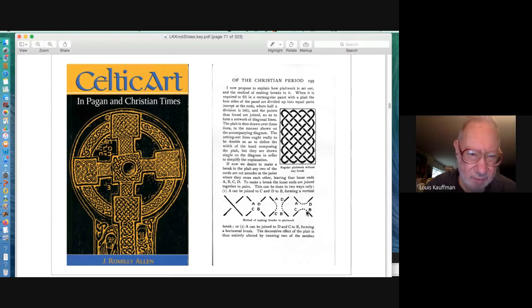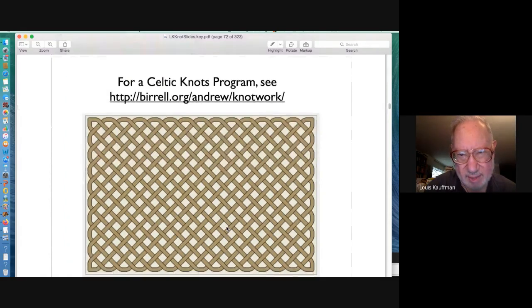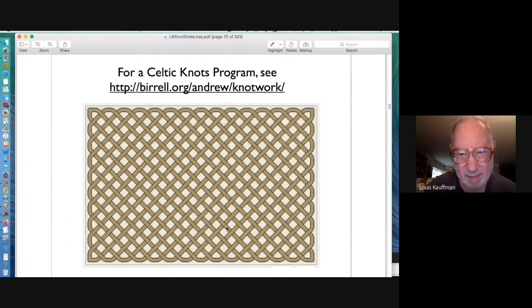And then if you look at the designs, you see, oh, yes, indeed, it's true that you can do that. And in fact, in more modern times, one finds on the web programs about Celtic knots, which have initial points like this. I won't demonstrate a program, though I could look it up on the web and show it to you. The program acts on an initial graphic like this.